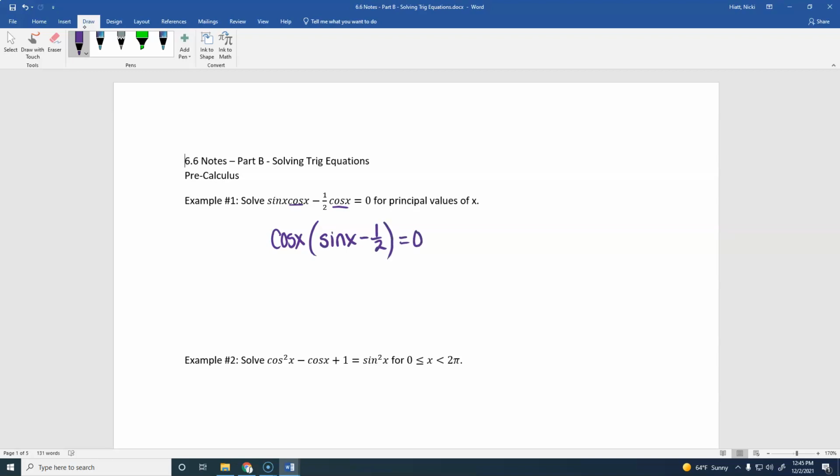So if we factor it, now these two things are multiplied together, they're equal to 0. Now we can set them both equal to 0. And so sine x will equal 1/2.